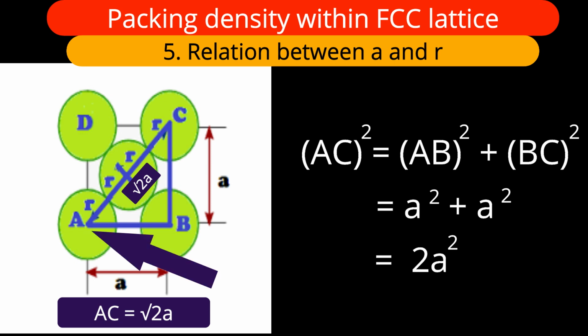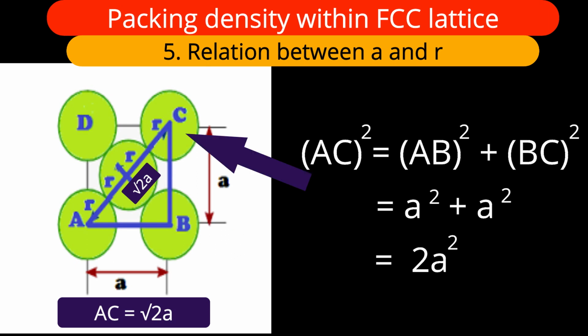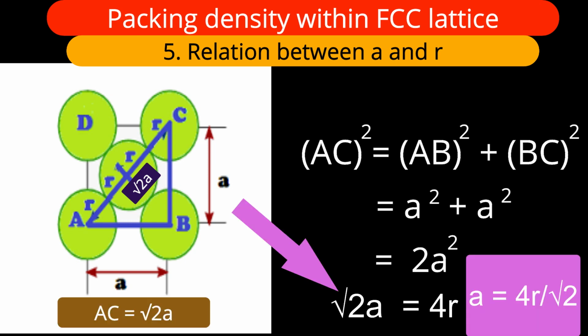Radius of A plus double radius of the face central atom, meaning the diameter of the face central atom, plus radius of C. In total how many radii am I considering? 4. So 4r is equal to AC. And the other expression for AC was root 2 a. Just correlate them. Root 2 a is equal to 4r. Remember this. For FCC, root 2 a is equal to 4r.